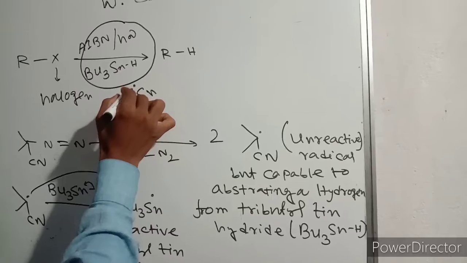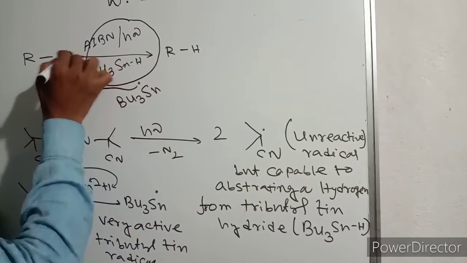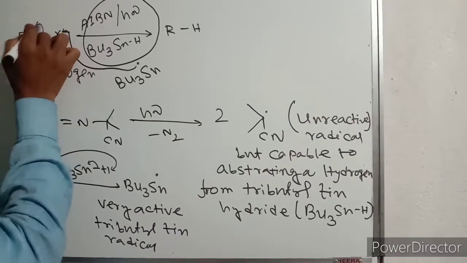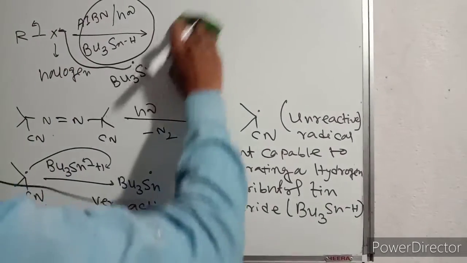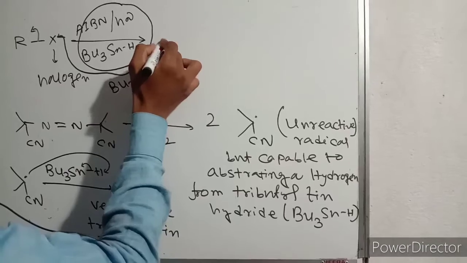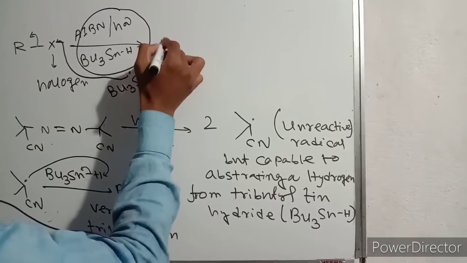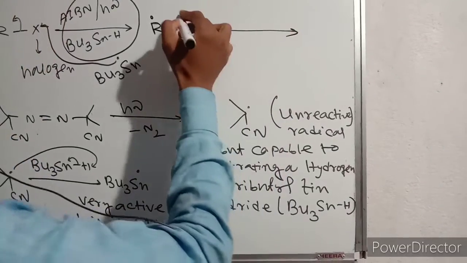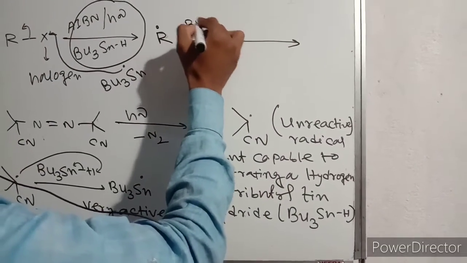This tributyl tin radical abstracts the halogen, and ultimately what do we get? We get R prime radical and also another mole of tributyl tin radical.